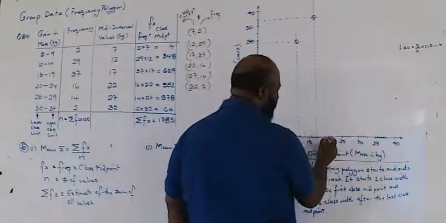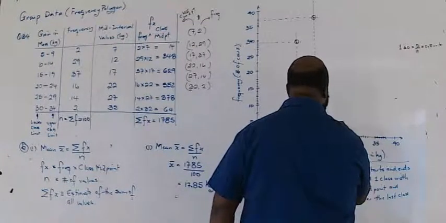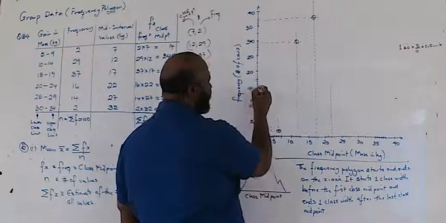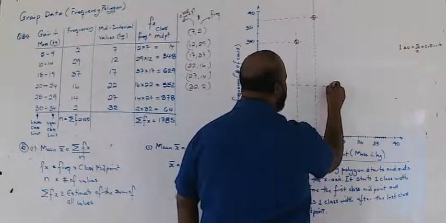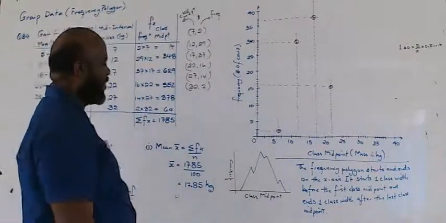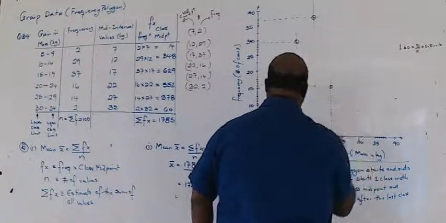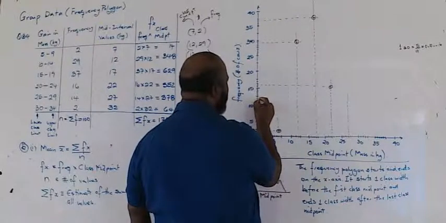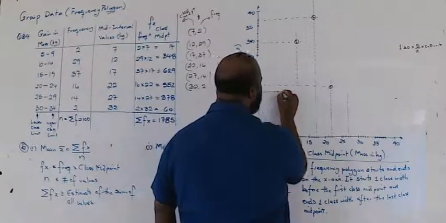This is 20, 20.5, 21, 21.5, 22. And that corresponds to 16: 15, 15.5, 16. Then 27 corresponds to 14. 27 is here. Corresponds to 14: 10, 10.5, 11, 11.5, 12, 12.5, 13, 13.5, 14.